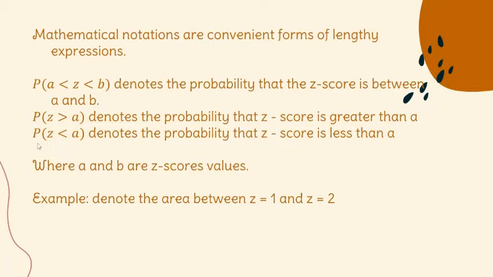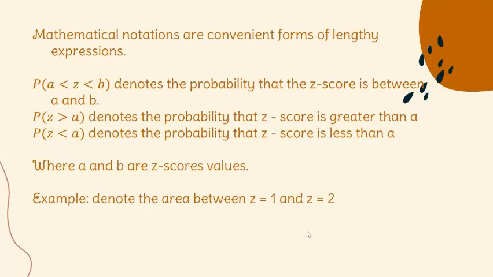And lastly, this one denotes the probability that the z score is less than a. How are we going to read these? This is the probability of z that is greater than a and less than b. This one, the probability of z that is greater than a. And lastly, the probability of z that is less than a, where a and b are z score values.